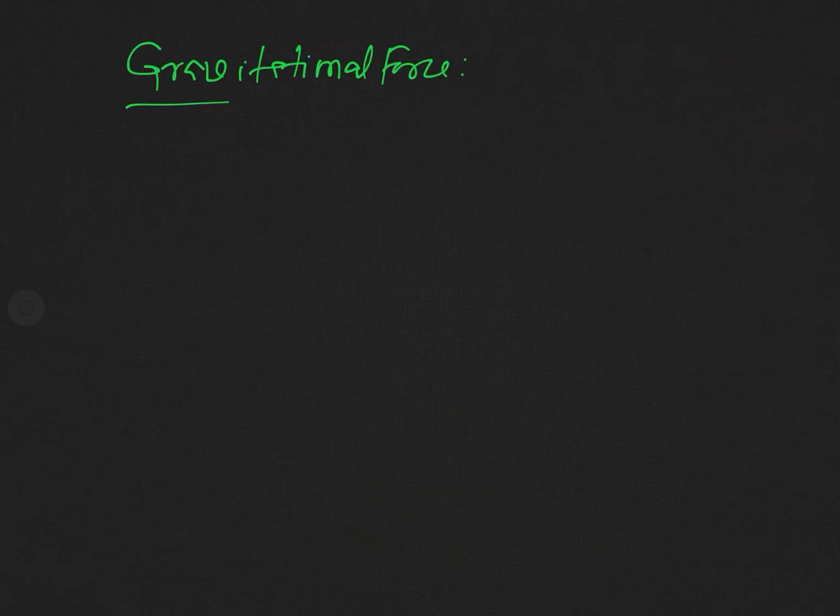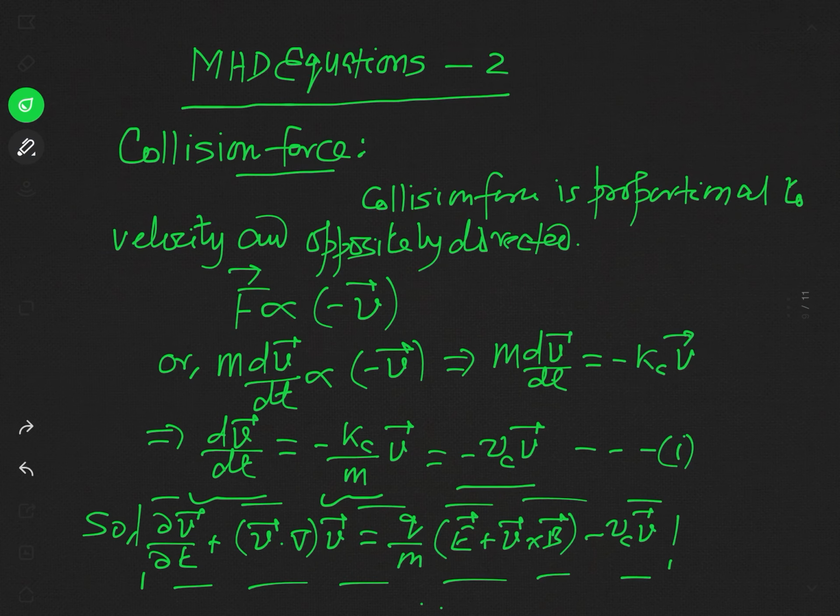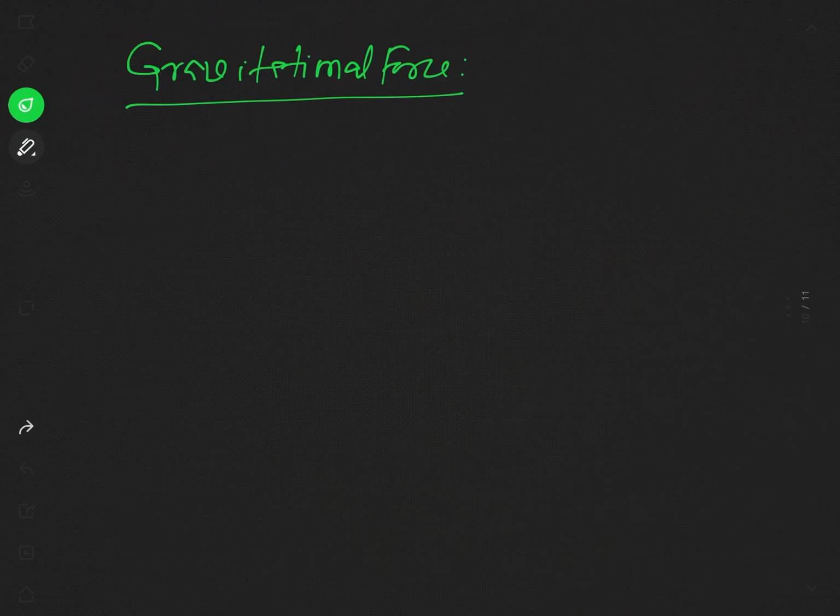To include gravitational force, the acceleration due to gravity, which we denote by the symbol small g, should be added in the RHS of the equation, because the acceleration term dv by dt in the case of gravitational force will be simply equal to g.